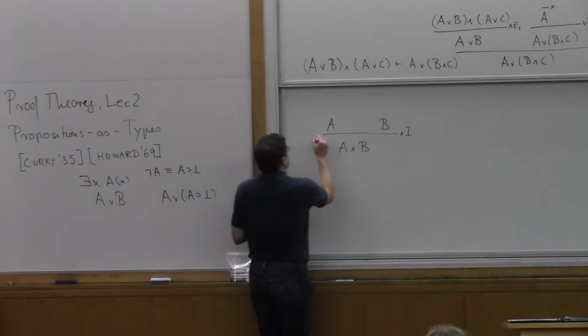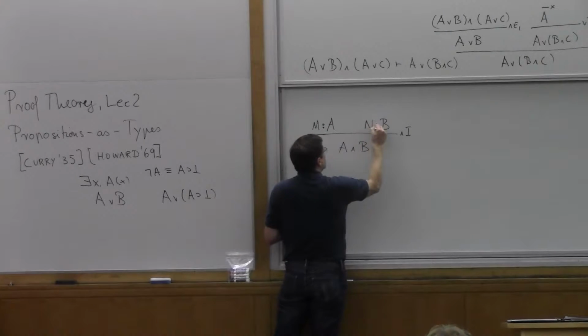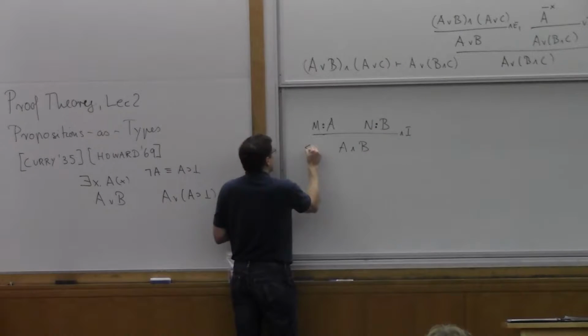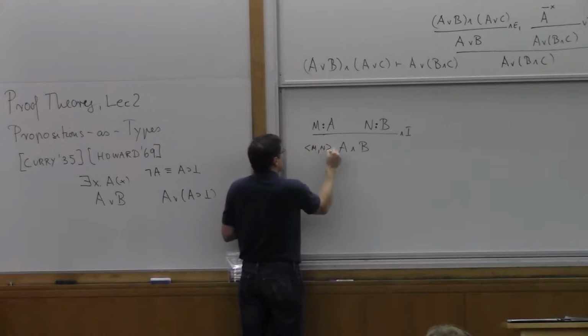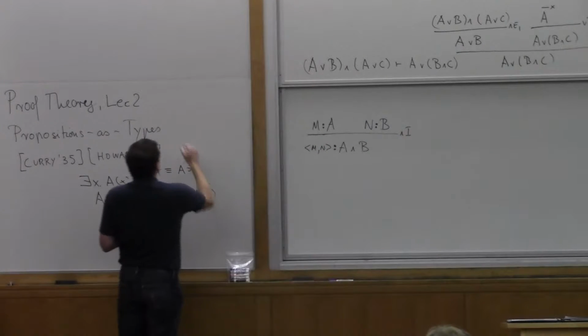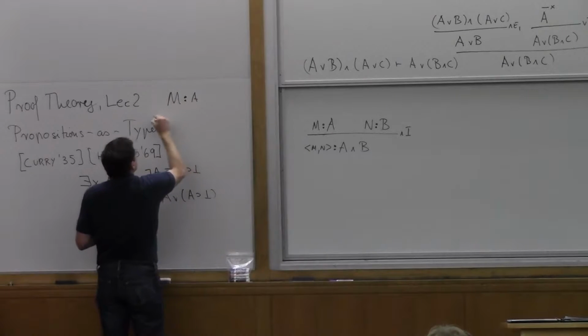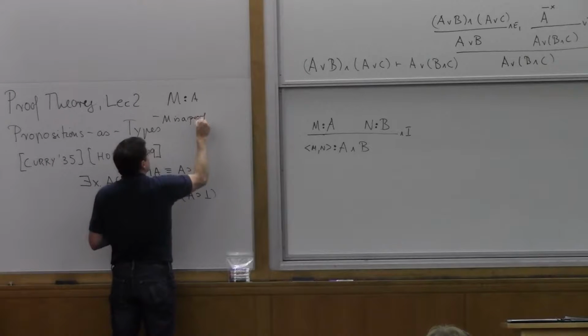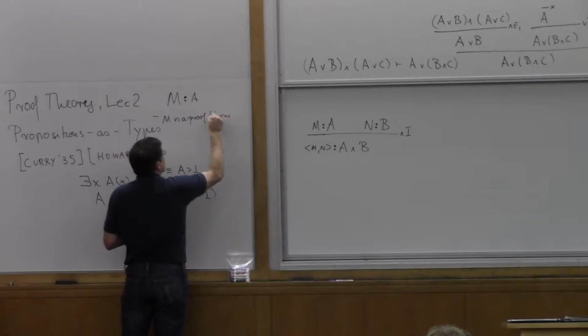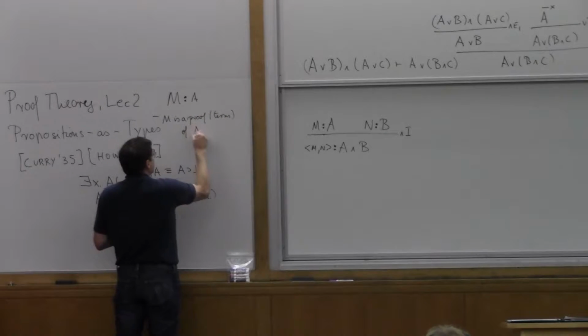So I write M colon A and N colon B, and I write the pair MN is going to be a proof of A and B. So my basic judgment is now M colon A, and it means that M is a proof of A, or a proof term of A.